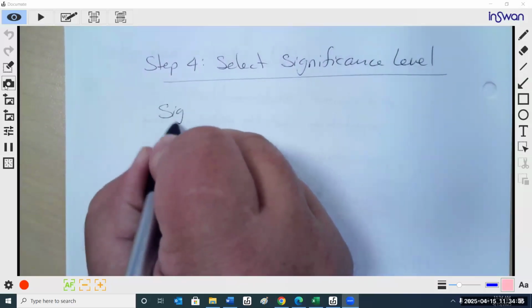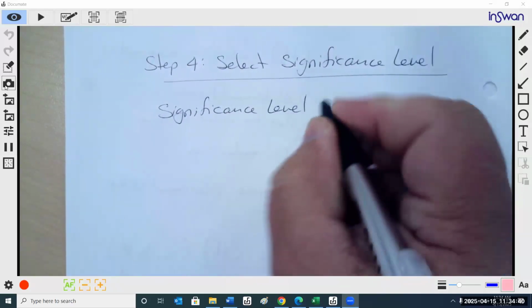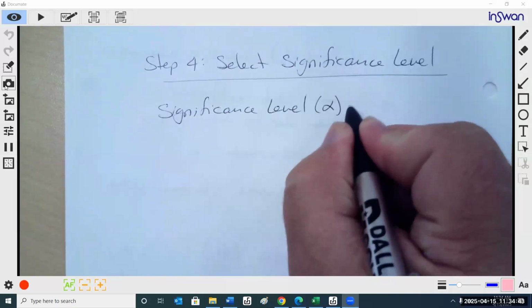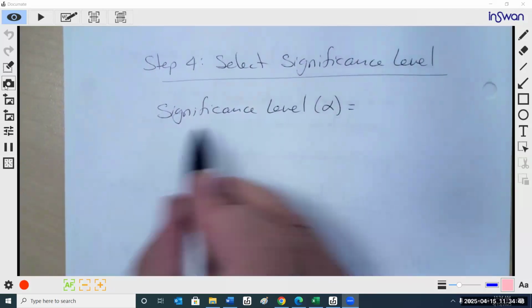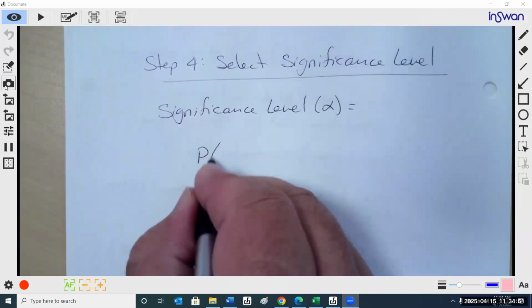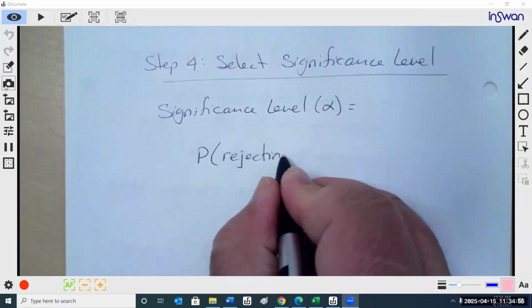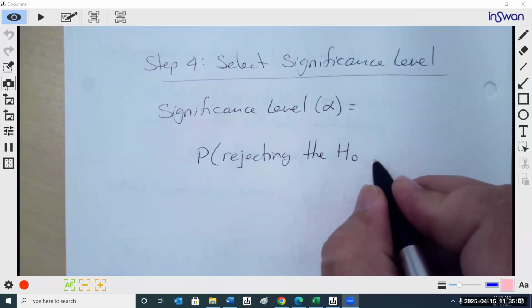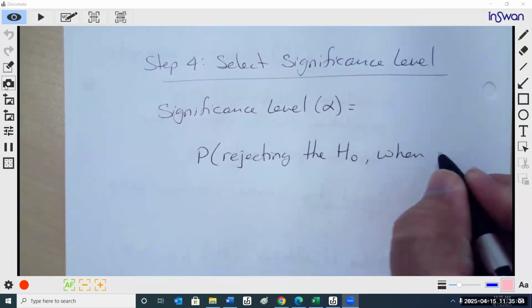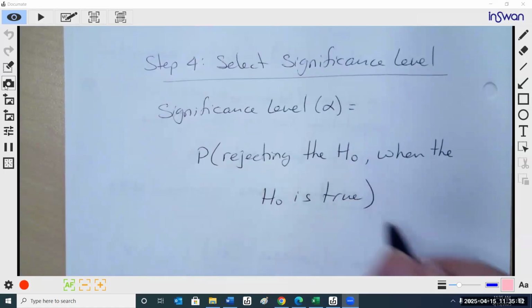The significance level is alpha. What the significance level talks about is the probability of rejecting the null hypothesis when the null hypothesis is true.